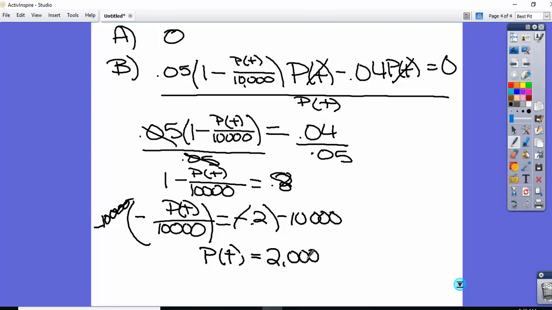Okay, so what they found is under these conditions, if we're harvesting at a rate of 4%, we have a birth rate of 5%, we can only keep 10,000 fish alive in our pond, we have a stable population when there are 2,000 fish. So if there's 2,000 fish under those conditions, there will not be a change in the population level.